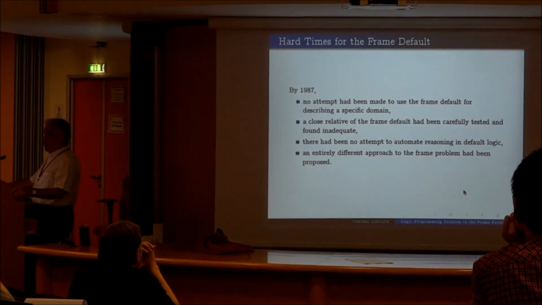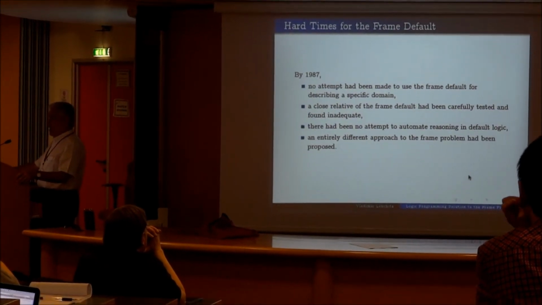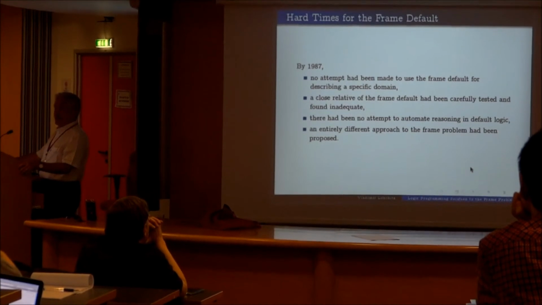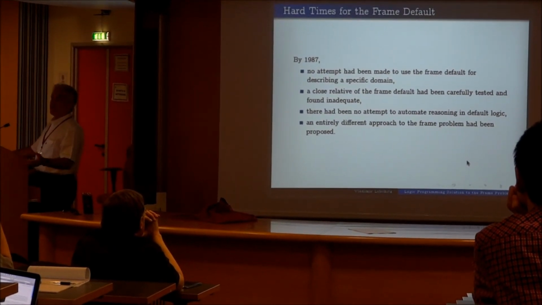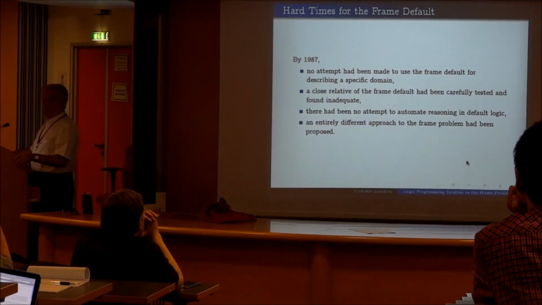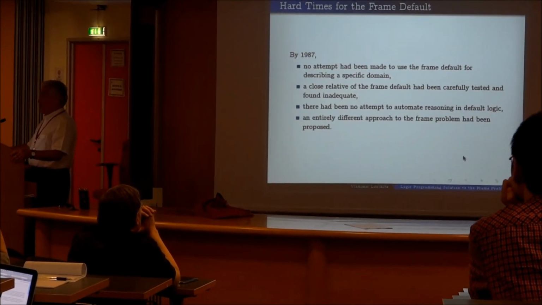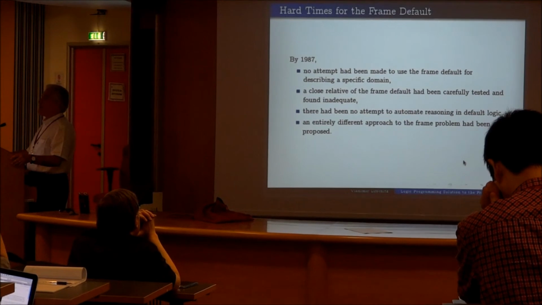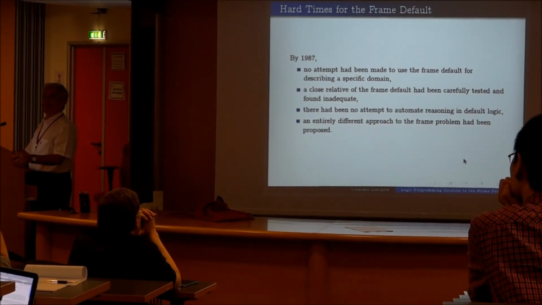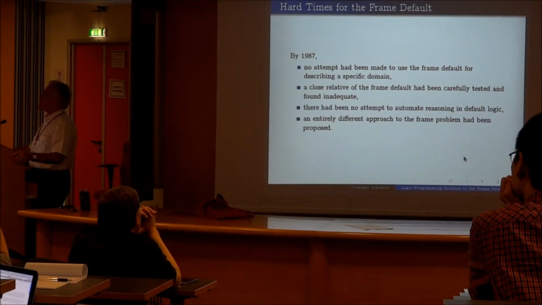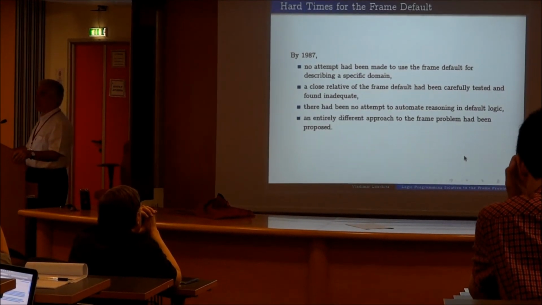There had been no attempt to automate reasoning in default logic, and this idea of explanation closure, instead of using a general theory of default reasoning, looked pretty successful. So maybe this idea of the frame default did not work and was even unnecessary. That was a bad time, but that was also the time when things started to change.